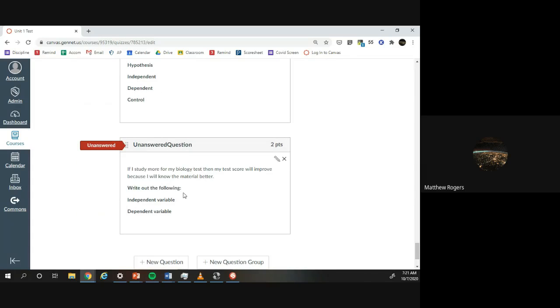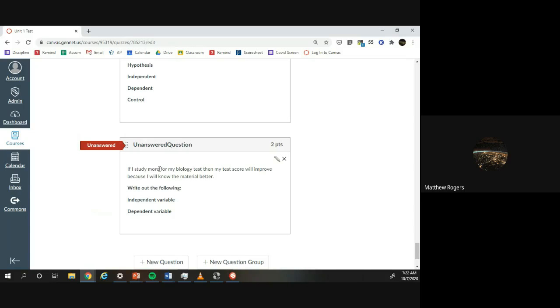And then: if I study for the biology test, then my test score will improve because I know the material better. So that's a good hypothesis because it has the if, then, because. Anyways, the independent variable and dependent variable. If you remember from the notes back in the day, I said that the if is always the independent, the then is always the dependent.